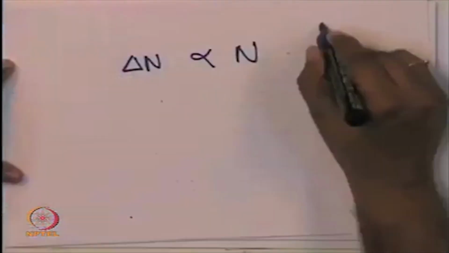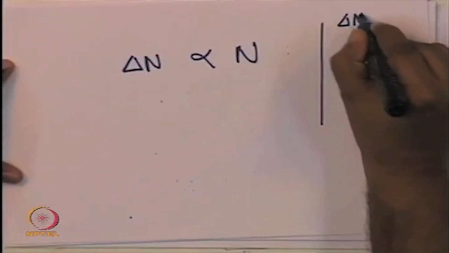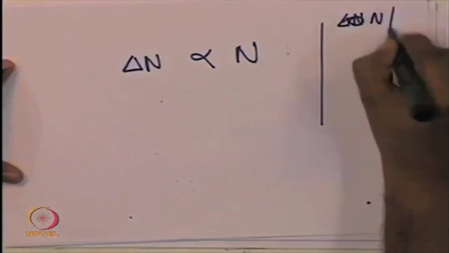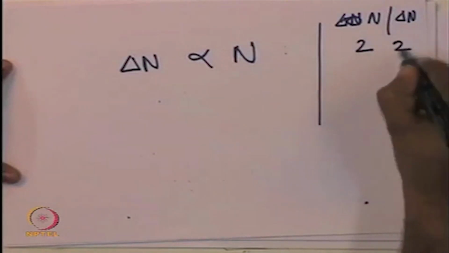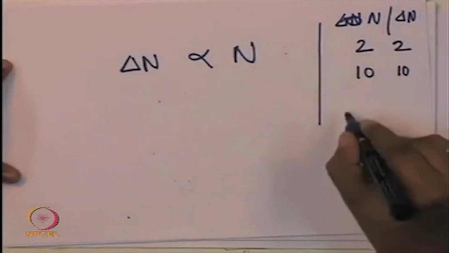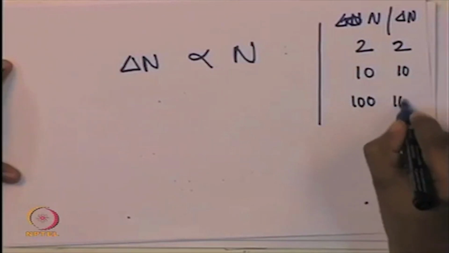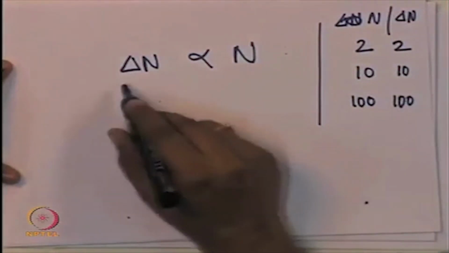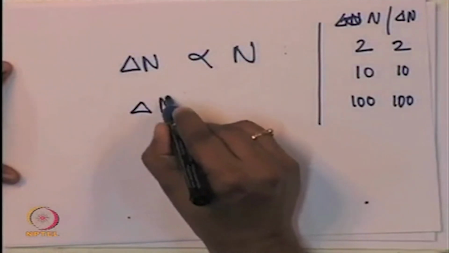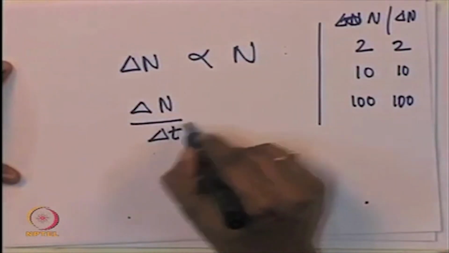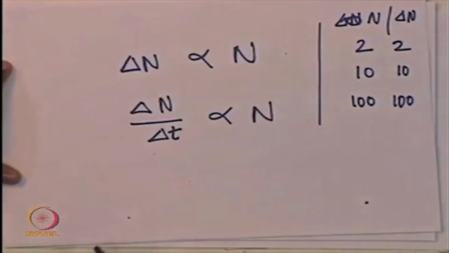You can say the delta n is proportional to n itself. In other words, the change in number when the time changes increases with time.